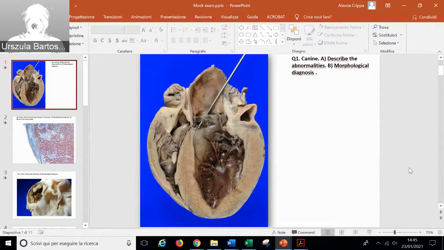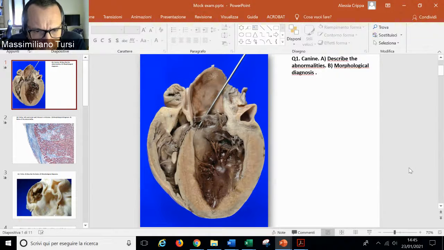I wrote that it's erosive changes in the aortic valve, but I was asking myself if there is some supravalvular ridge, but probably it's just an oblique view, and that's just the normal annulus. The annulus could also be dilated, because there is a dilatation of the ventricle.